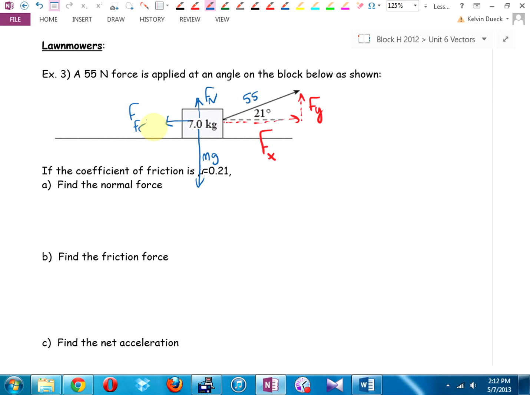All right. We're going to write a vertical equation. Is this sinking into the ground like quicksand? Is it lifting into the air like Superman? Then what can you tell me about the vertical forces? Since there's no acceleration, they're in balance. Everything down equals everything up. What are my down forces?